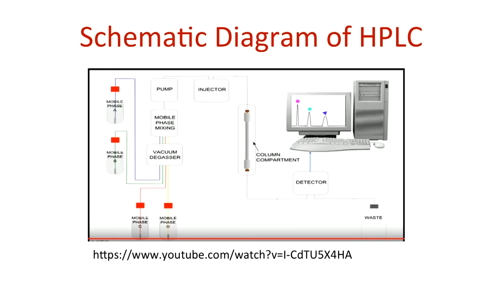This is the schematic diagram of HPLC. So you have the mobile phase here. Before, it used to be just isocratic, where you have just one mobile phase, or if you want, you can mix two mobile phases together, but just put them in one container.